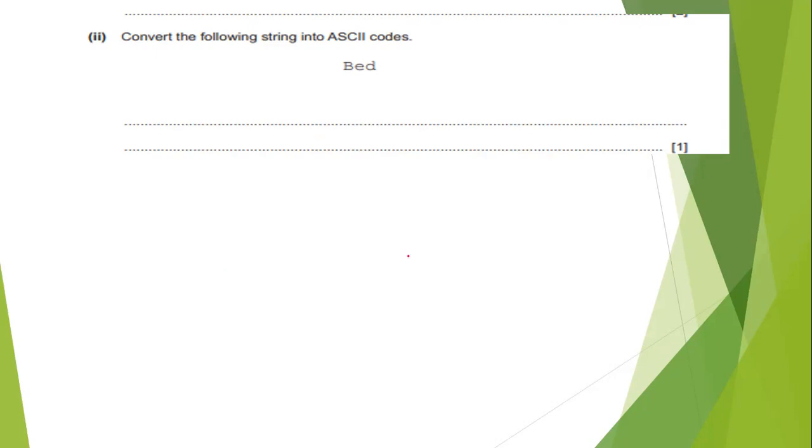Now see here: 66, 101 and 100. As I told you, capital A is equal to 65, so B will be equal to 66. If you do not remember small a, just add 32, it will be 97, and 97 is equal to small a.